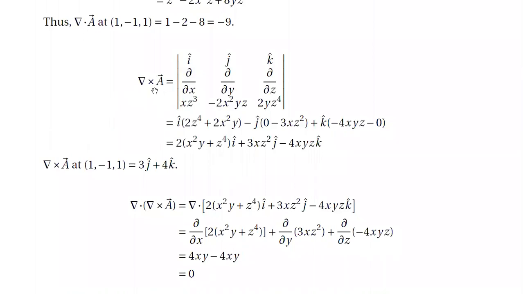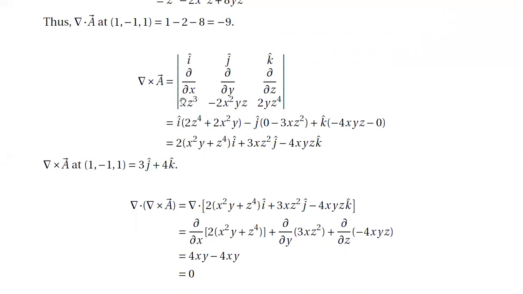Now let's find the value of del cross vector A. Del cross vector A is equal to the determinant with i, ∂/∂x, xz³; j, ∂/∂y, the corresponding term minus 2x²yz; k, ∂/∂z, 2yz⁴.